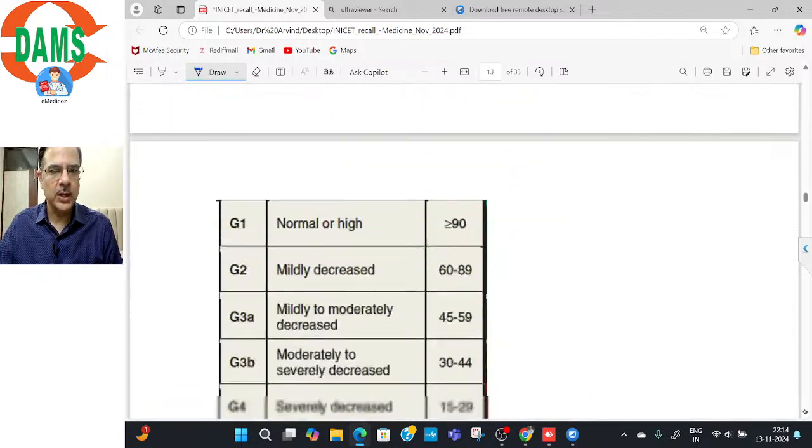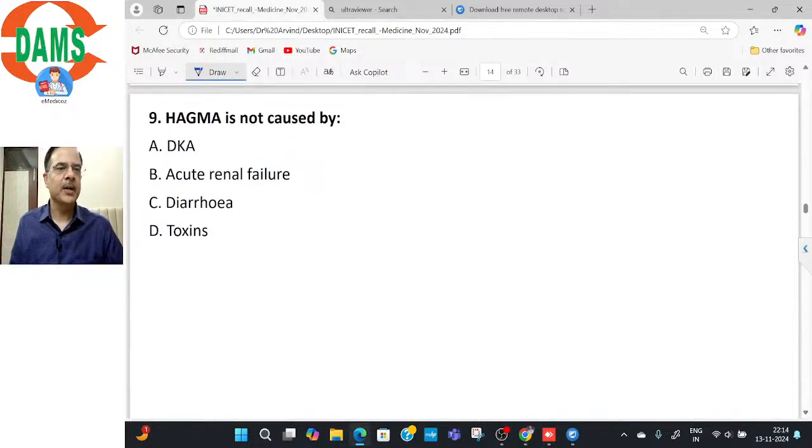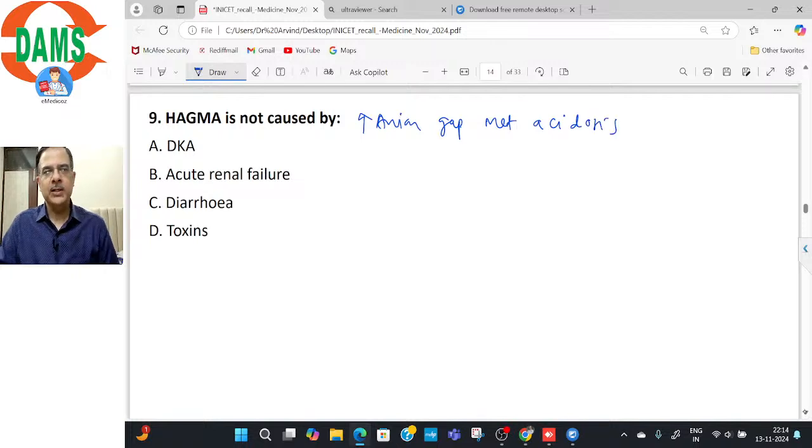Now moving on to question number 9. It is about high anion gap. HAGMA is high anion gap metabolic acidosis, where unmeasured anions are increased. Unmeasured anions can be lactate, so lactic acidosis, or acetoacetic acid, so that is DKA, diabetic ketoacidosis.